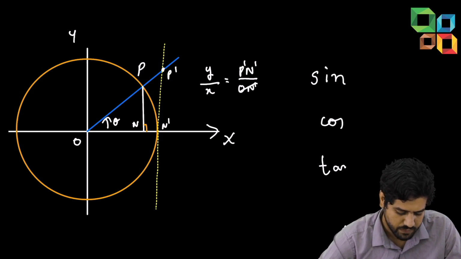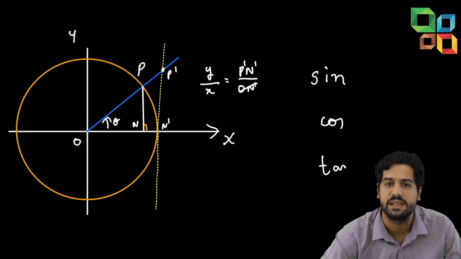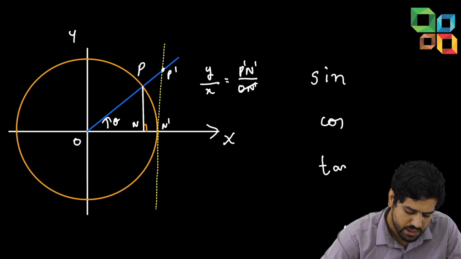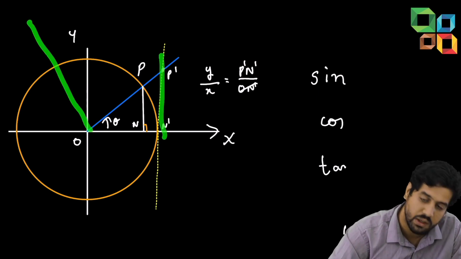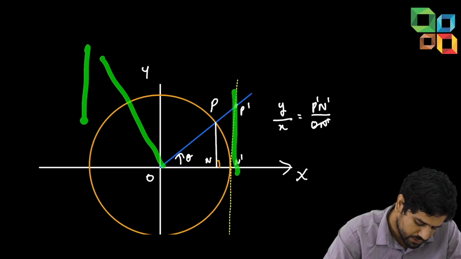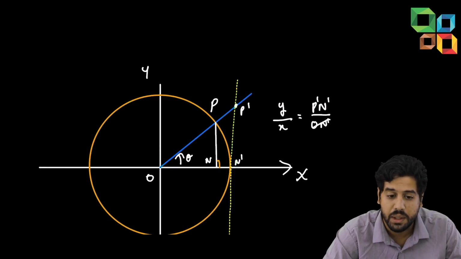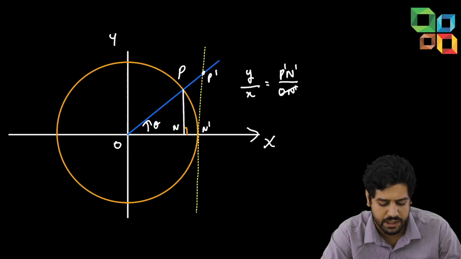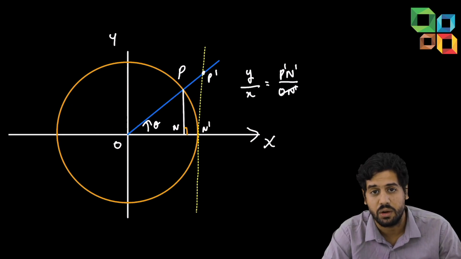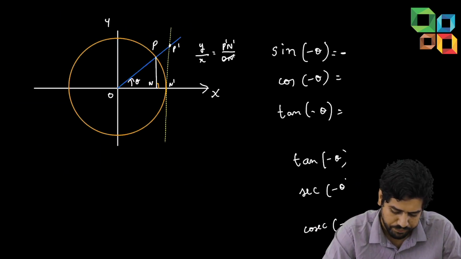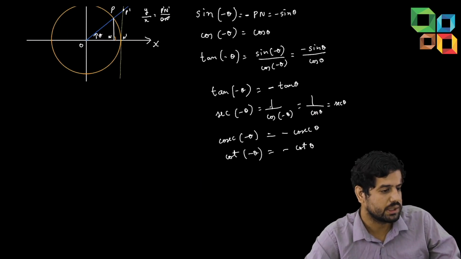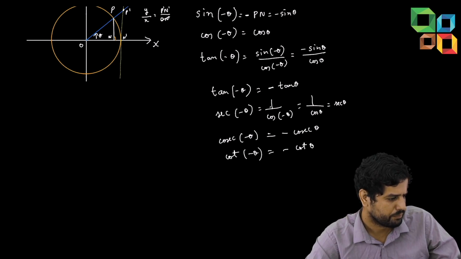For obtuse angles, you need to be slightly careful. It won't still remain this because your line will go to this side. So you'll have to draw a tangent here, but just see what the tangent values are here. Are they positive? Are they negative? Based on that, you need to draw a graph. Okay.